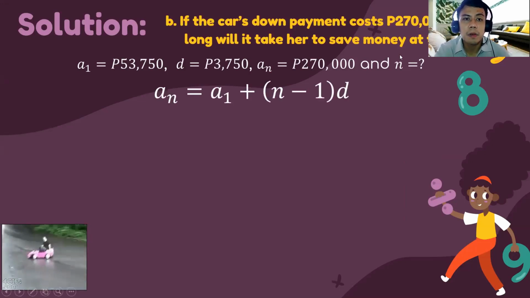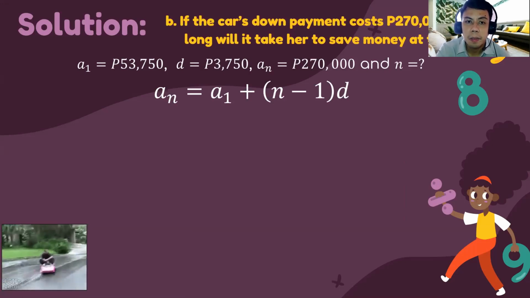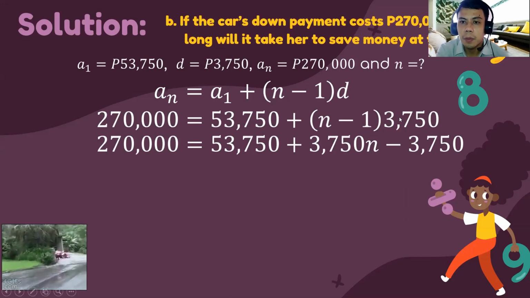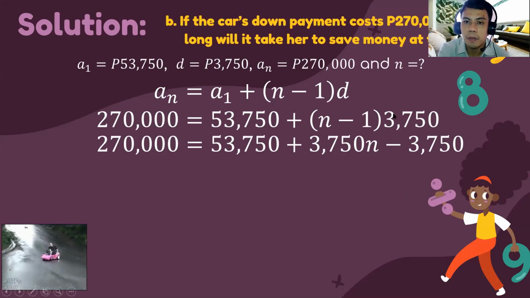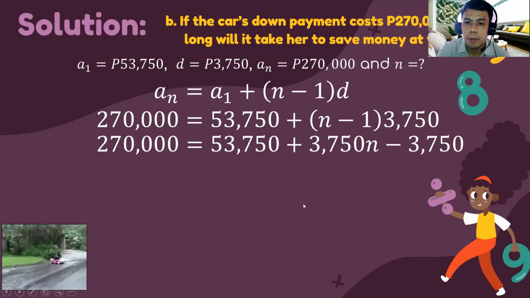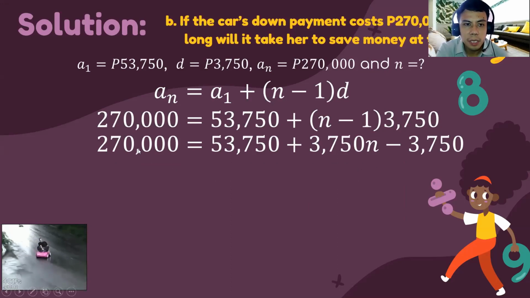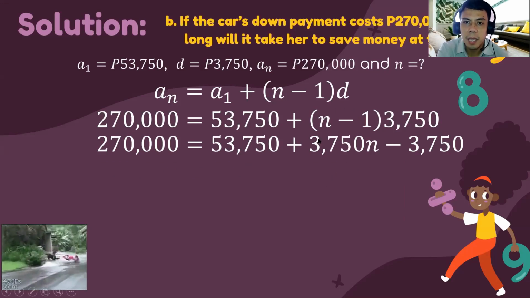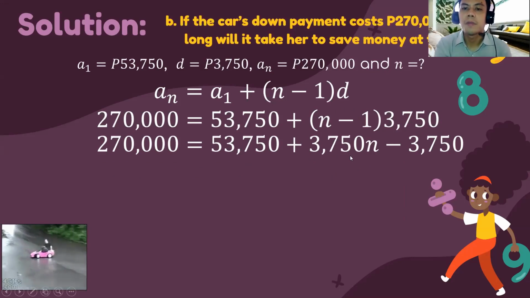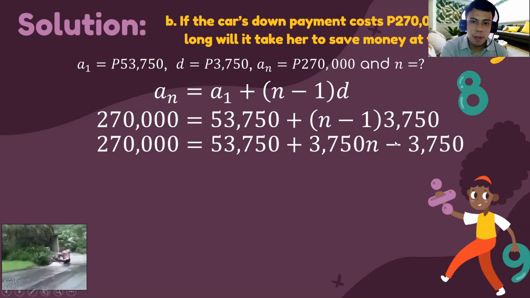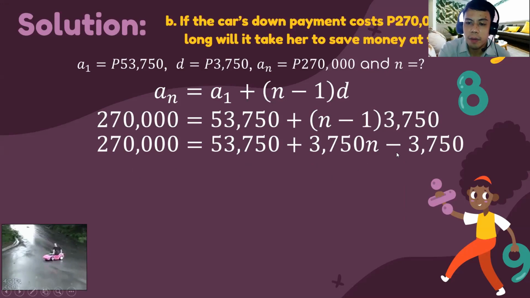So using the arithmetic sequence formula, substitute the given. After that, you can distribute 3,750 to each of the terms inside the parentheses. So we have here 270,000 equals 53,750, we'll just copy those. Then 3,750 times n, that is 3,750 n. Then 3,750 times negative 1, that is negative 3,750.